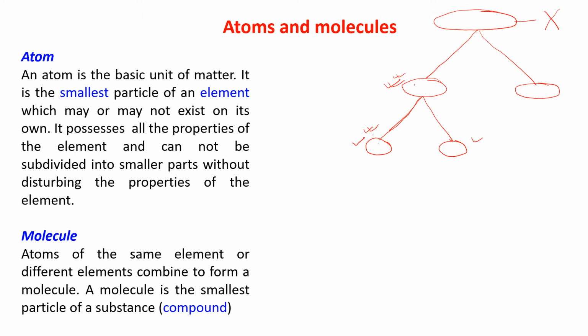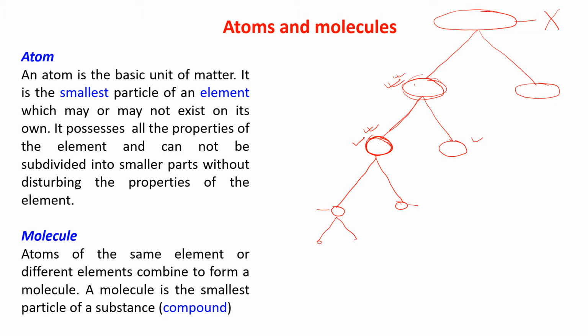So this element is having all the properties of this one, and that means it's having all the properties of X. Now I am dividing this part into again two smaller parts. Now if you check, you will find that this part and this part both are having the same property as that of element X. Again I am taking this part and I am dividing it into two smaller parts.